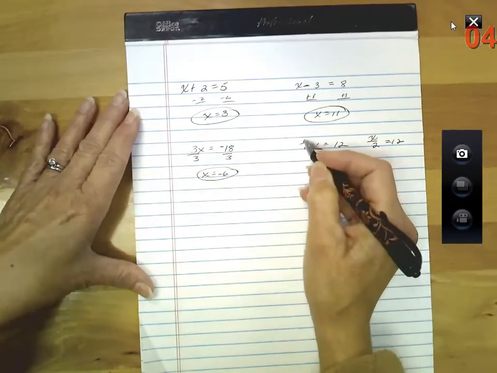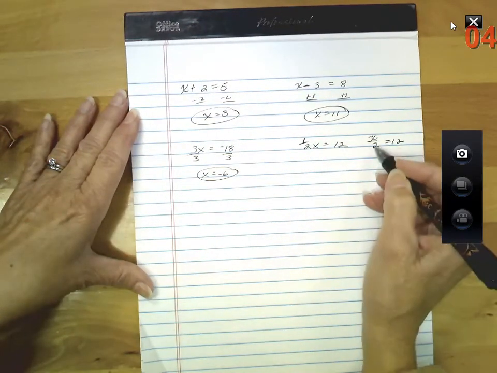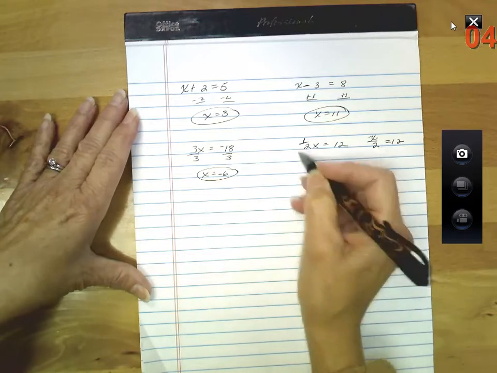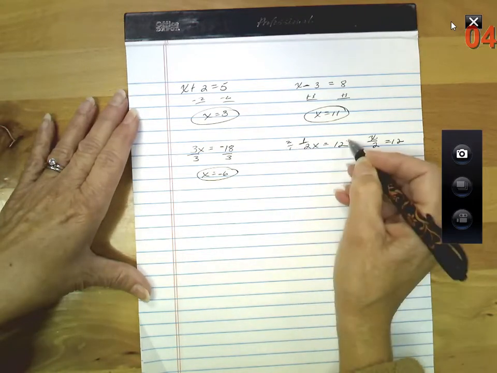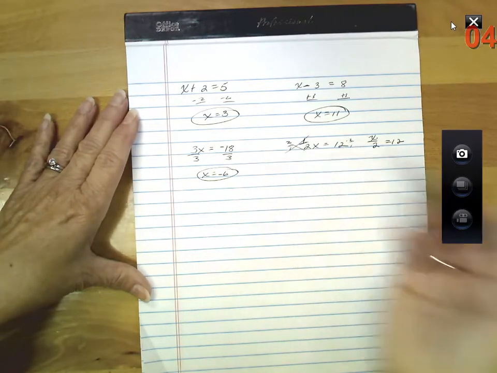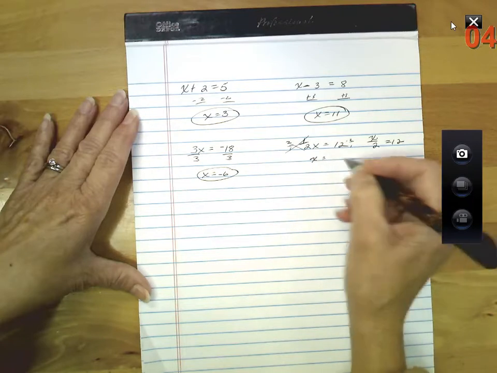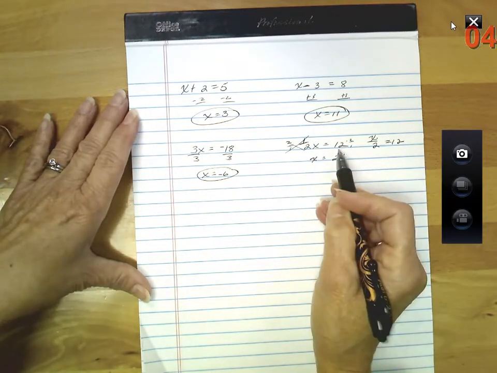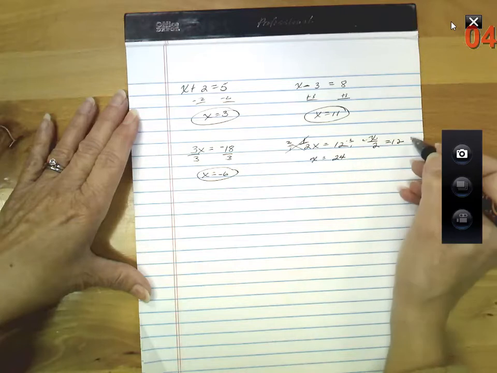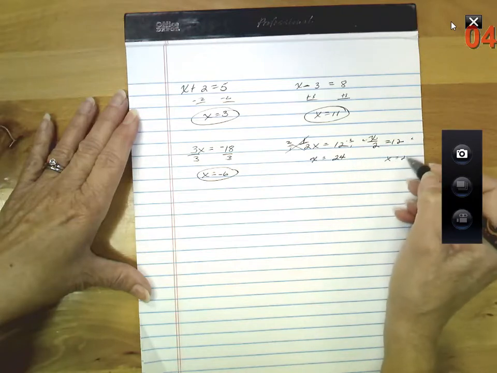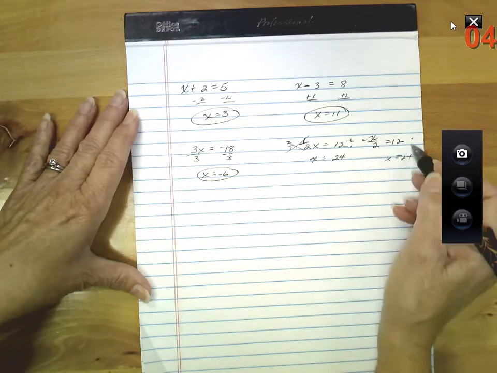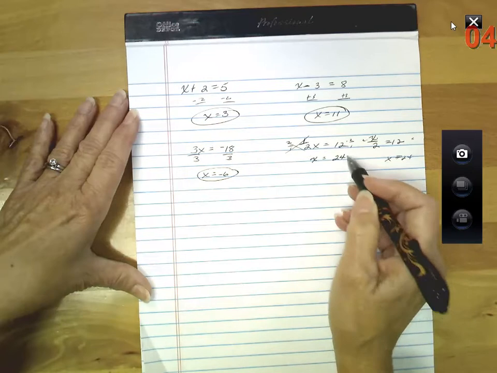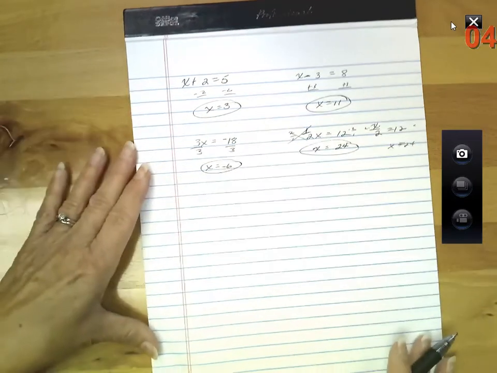This is like dividing. This also is dividing, so we do the opposite, or we multiply. And that makes it go away, and then 2 times 12 is 24. So half of 24 is 12. Same thing here, multiply by 2, so x is 24. 24 divided by 2 does give you 12. So you have these 4 basic types of equations.